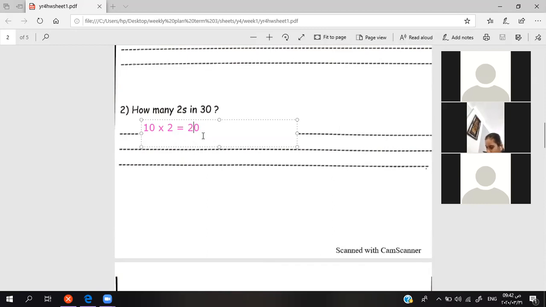Now the difference between 20 and 30 is how many? 10. So I want something times 2 that would give me a 10. 5. So it's a 5. So now I know that my answer is the 10 and the 5, which is equal to 15. Okay?